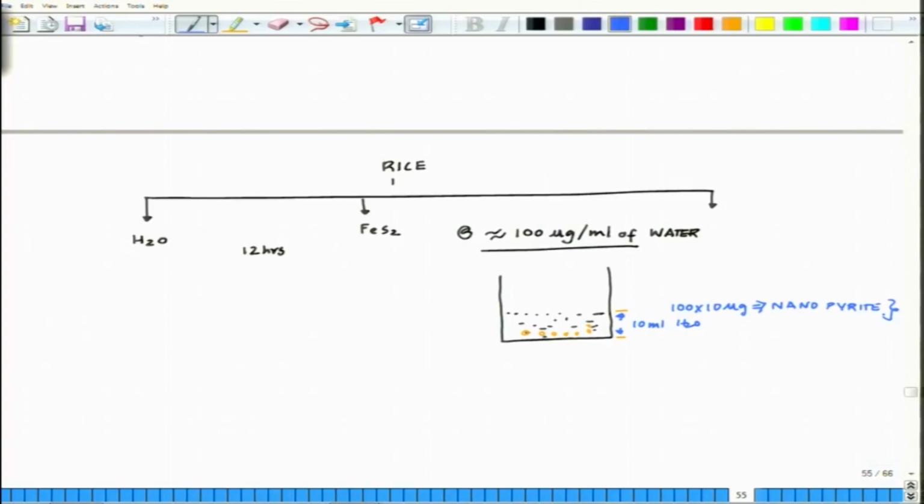Okay. So, post treatment, the FeS2 fragment was divided into two parts.